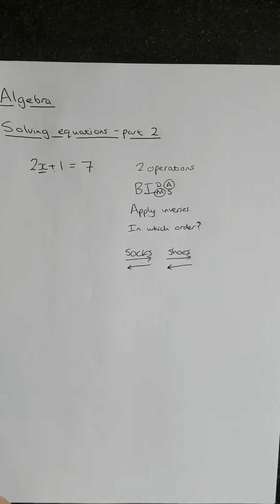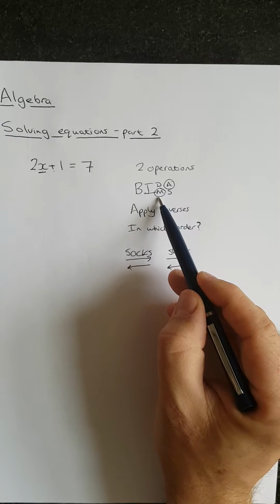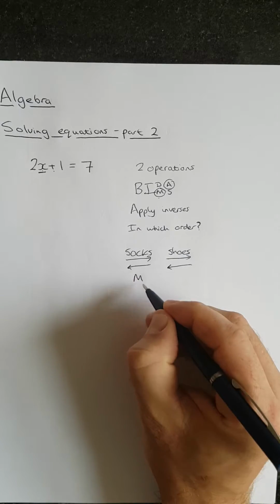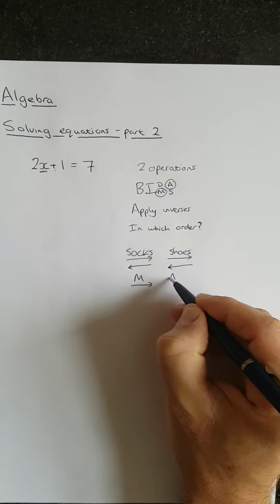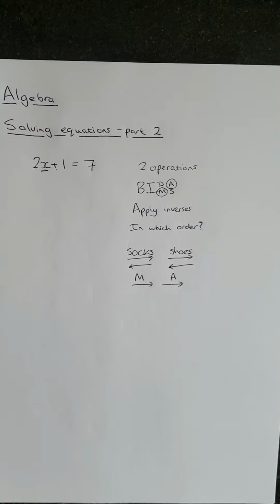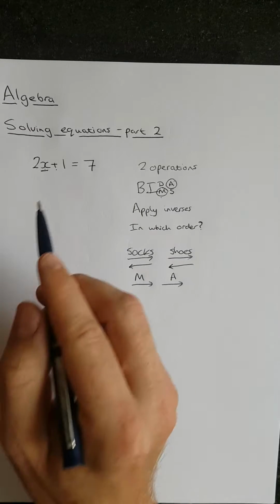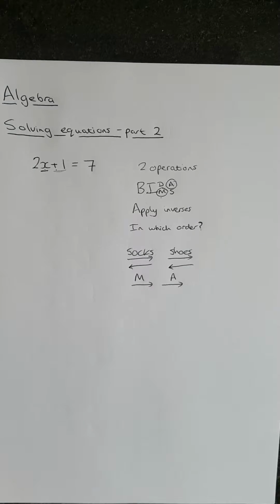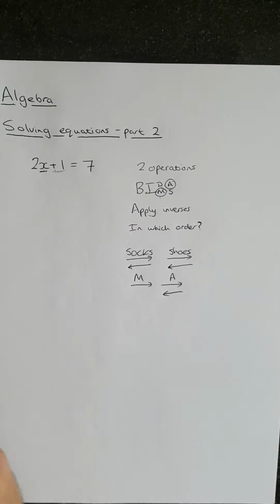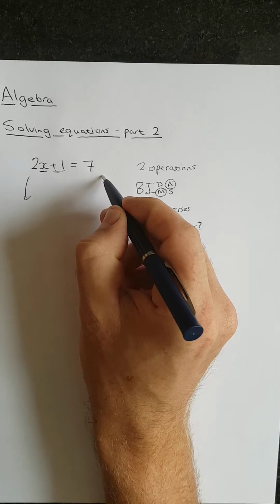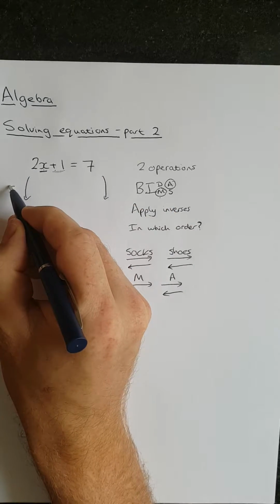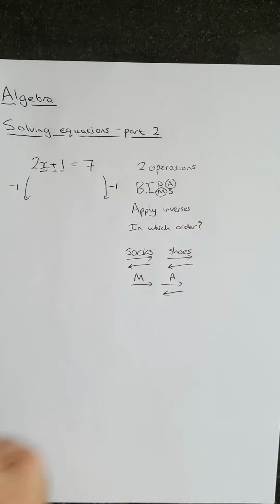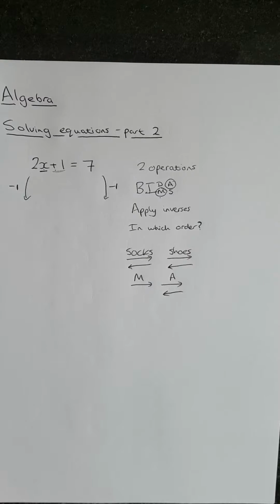So, the first operation was multiplication, and the second was addition. So, what's our inverse operation to our adding of 1? Well, it's subtraction of 1. So let's take 1 off both sides.